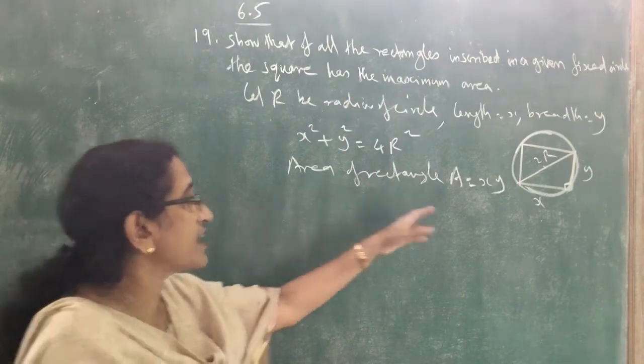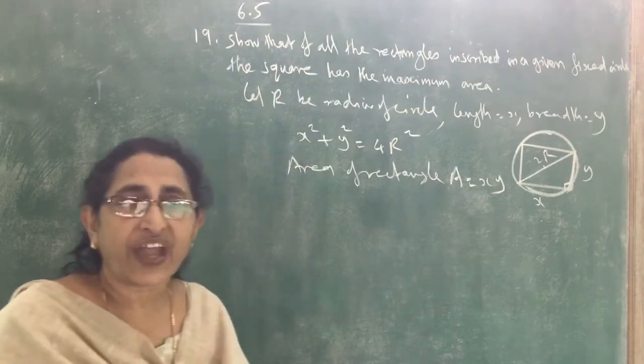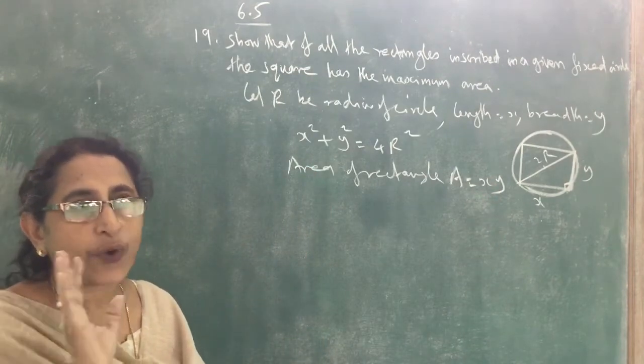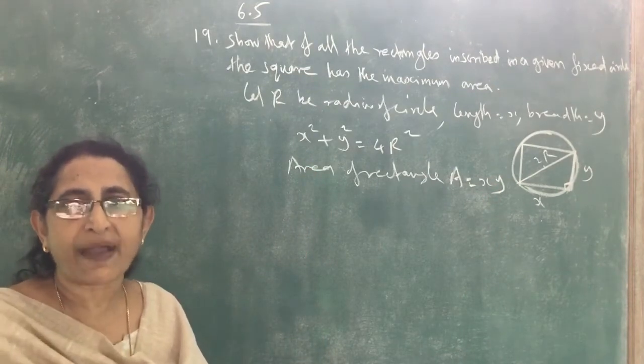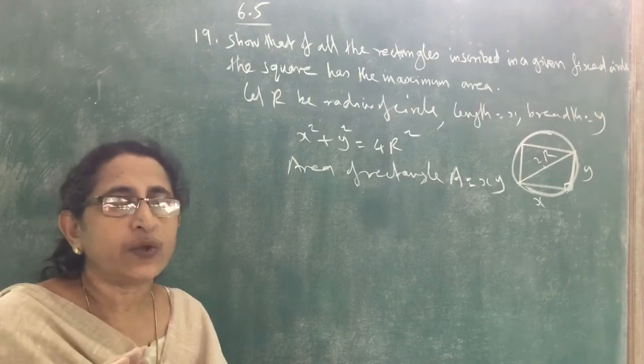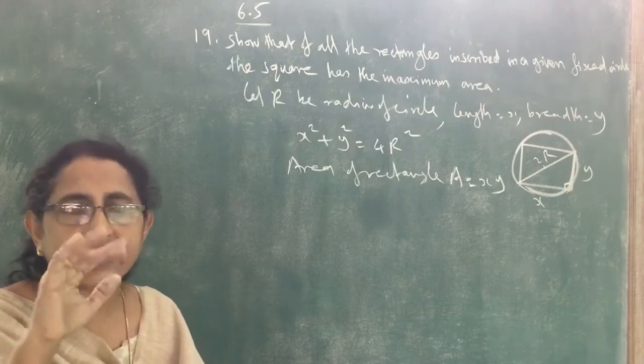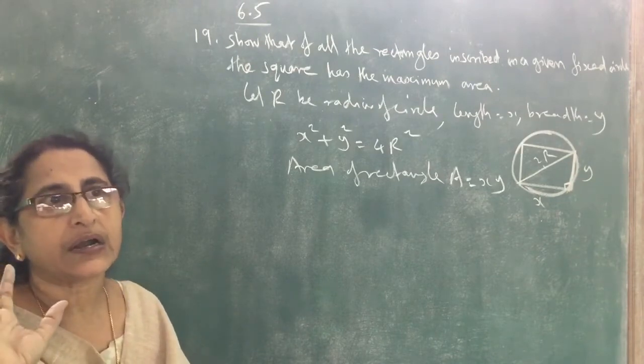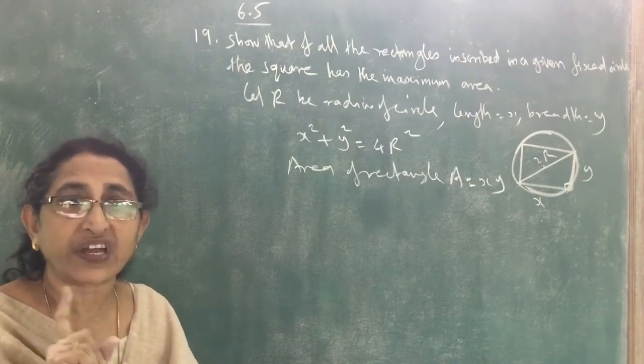Here there are two variables, x and y, so we have to eliminate one variable. I told you, the function to be maximized or minimized should be a function of only one variable. Using the given conditions, we have to write it as a function of only one variable.